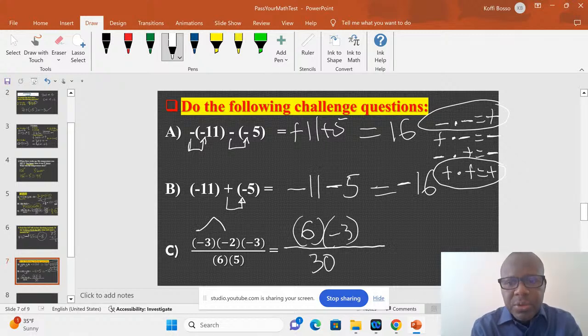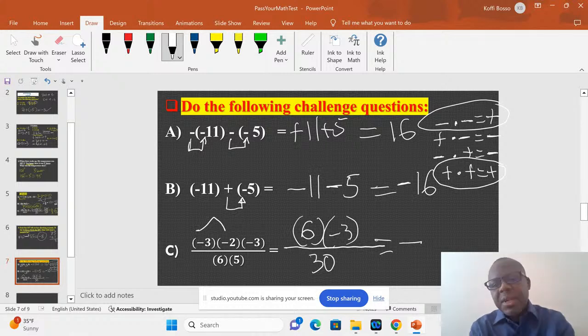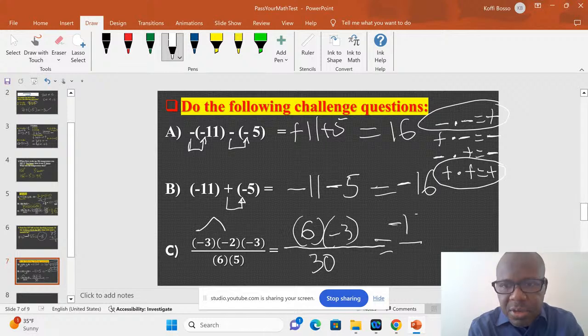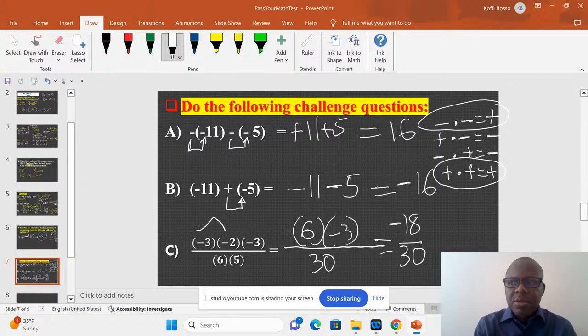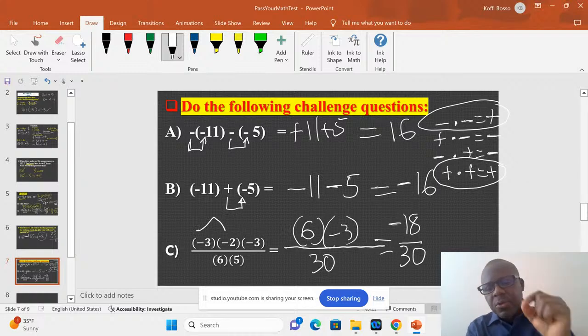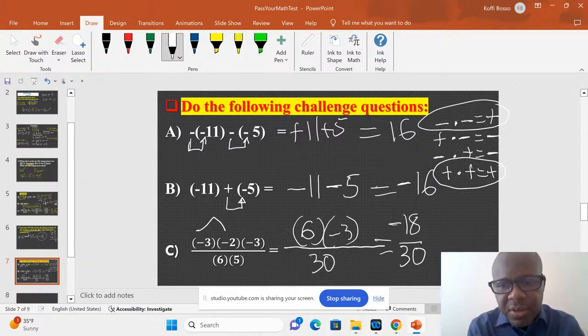We continue. So this will be what? On top, 6 multiplied by negative 3. 6 is positive, so positive 6 multiplied by negative 3 gives you negative 18. And the bottom, we have 30. So we have negative 18 divided by 30. But we cannot leave it like that. We need to simplify. To simplify, you check what number goes into 18 and at the same time into 30.